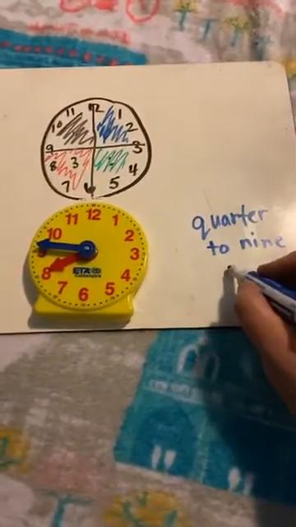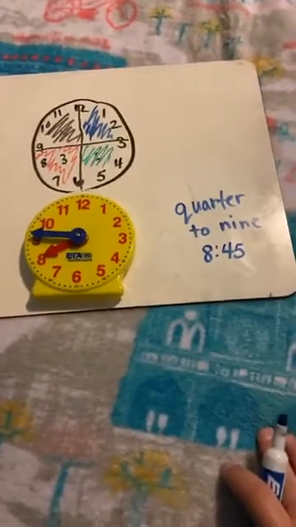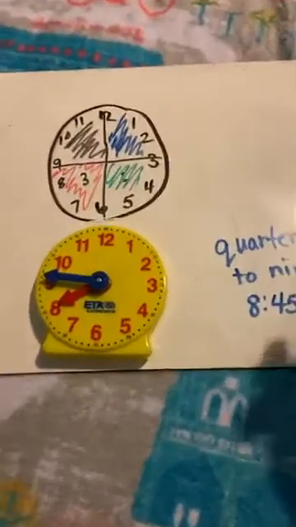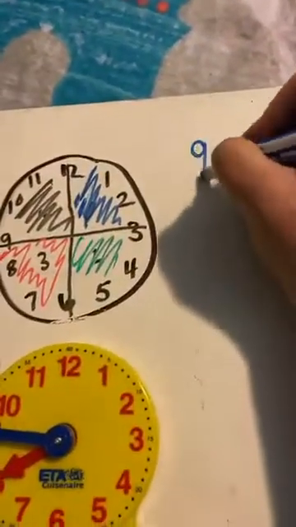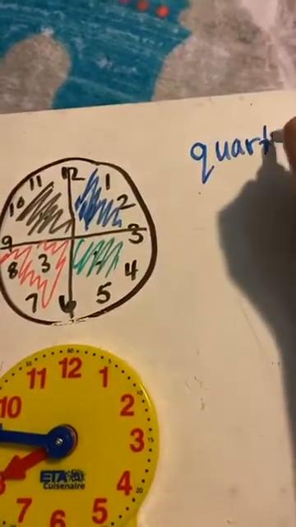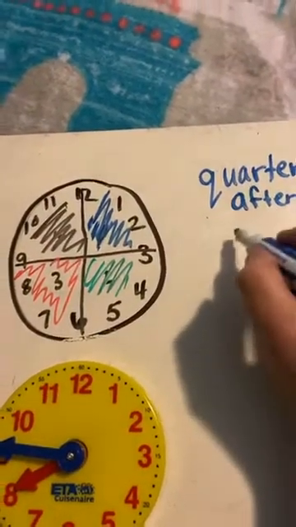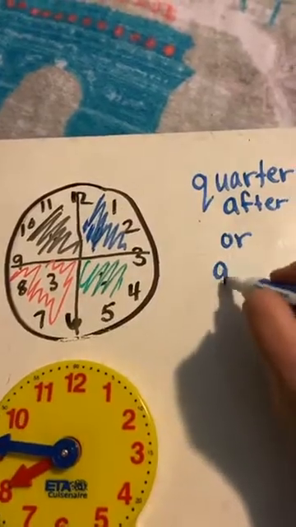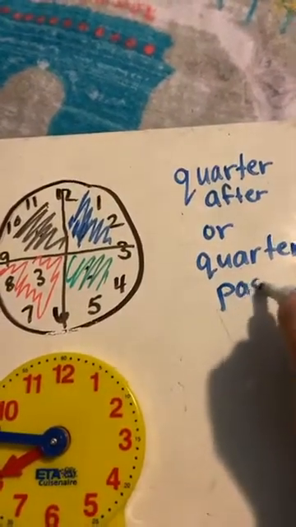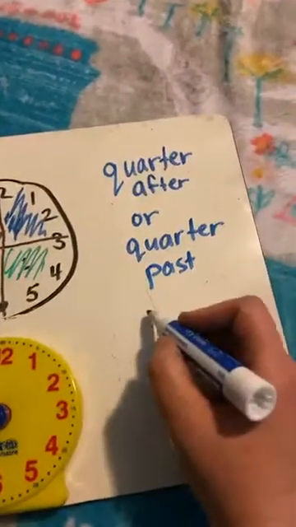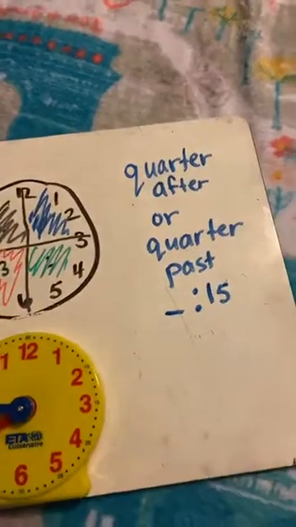My time is going to be 8:45. So a quarter after, or a quarter past, is going to have the hour first, and then it's always going to have the 15 like that.